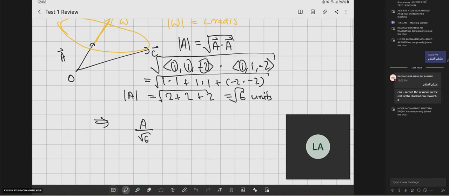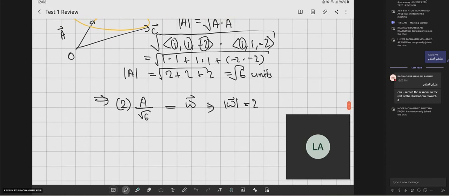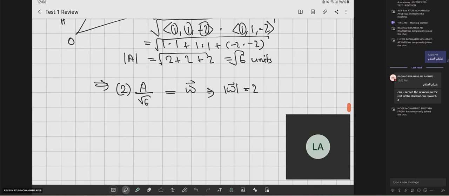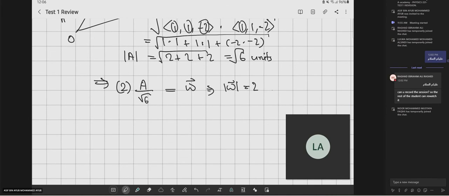In that case, I'll have a unit vector, and I have to multiply by 2. So in this case, I'll get omega, because omega has 2 unit lengths, and it's parallel to A. This is the vector we need, omega.